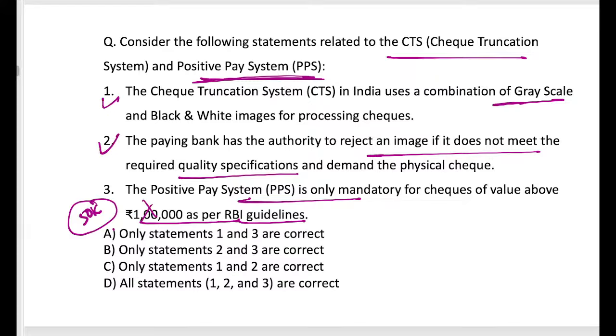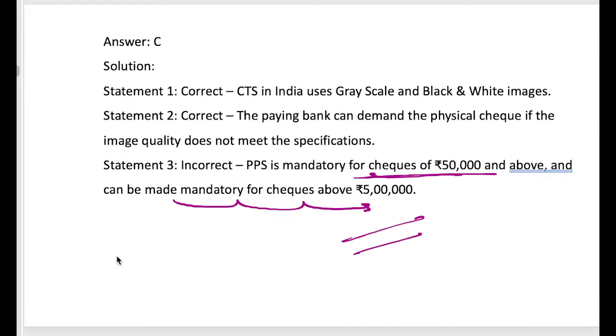These two statements are right. So 1 and 2 means option C should be the right answer for this one. So positive pay verification through the messages and all we do above 50,000, correct. So option C will be the right answer.